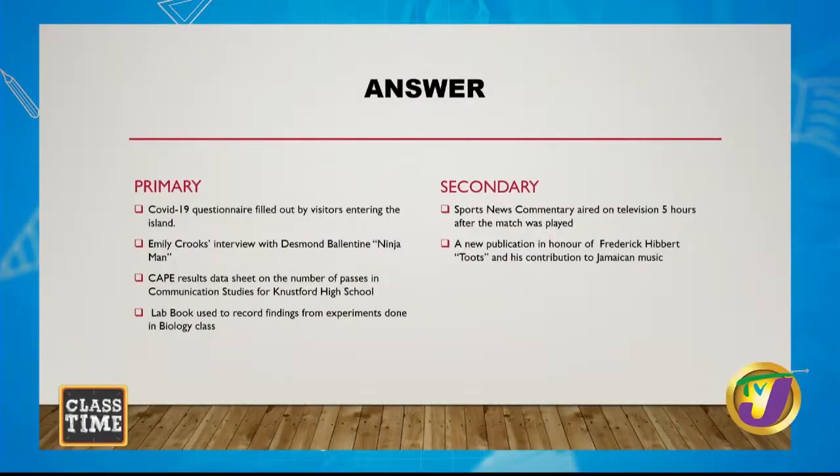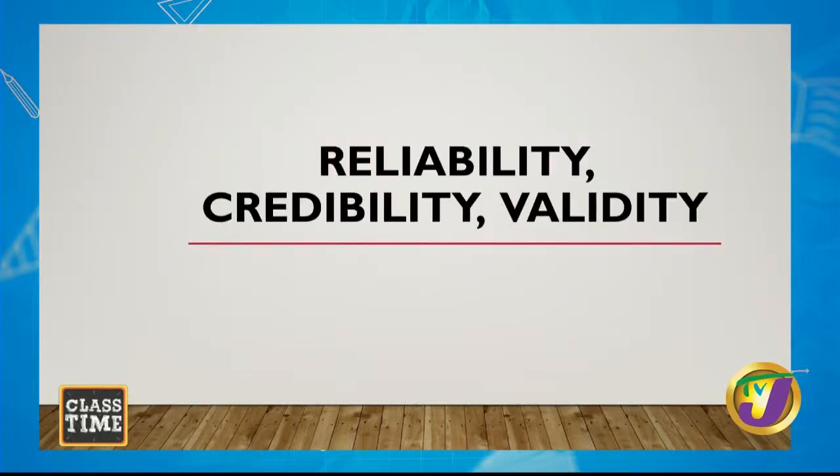The interview with Emily Crooks, the CAPE results, and the lab book, that's your experiment, so that's primary. And for the secondary sources now, the sports news commentary, and of course the publication, the book in honor of Toots. I'm sure you all got them correct.